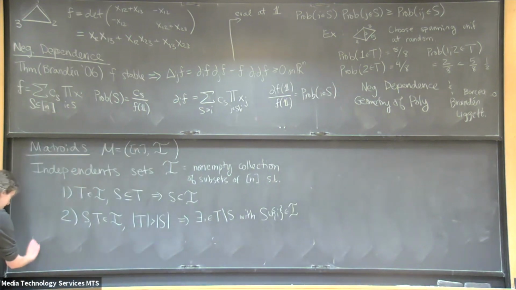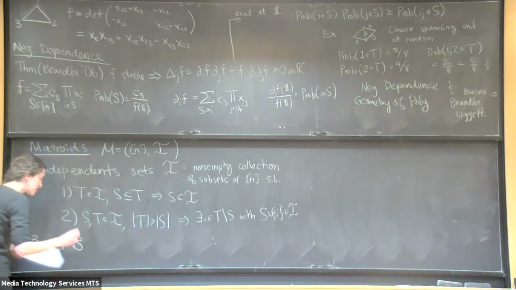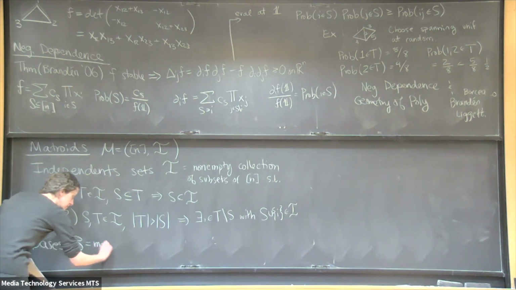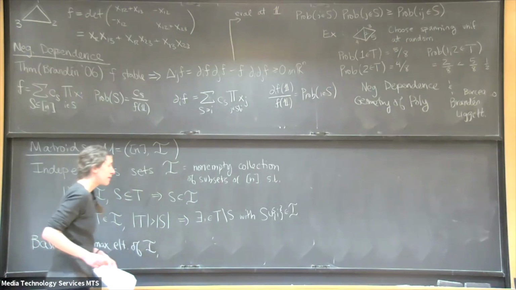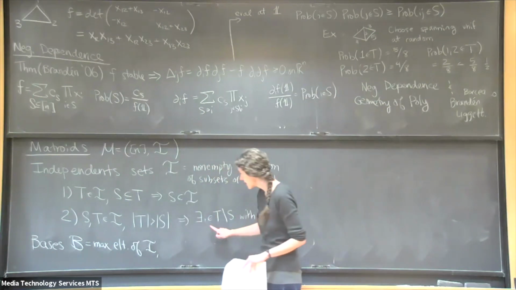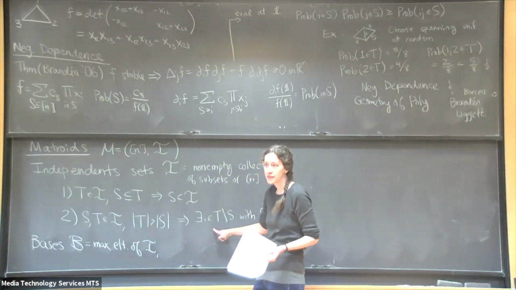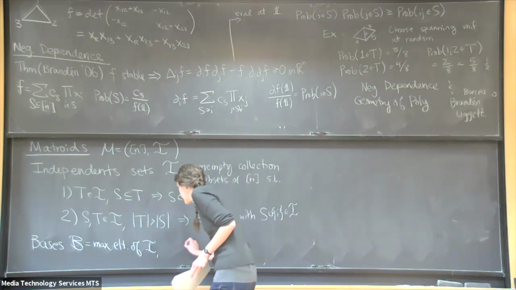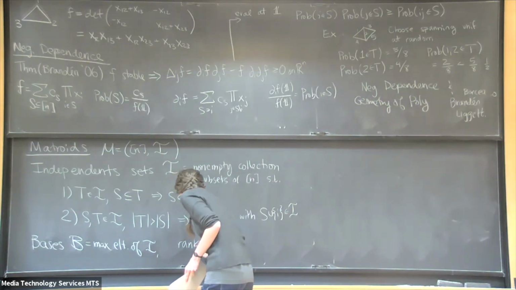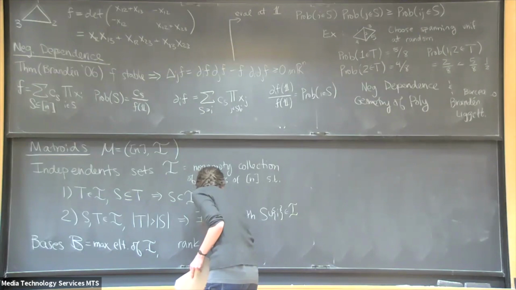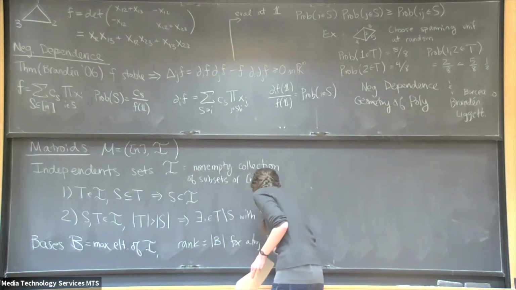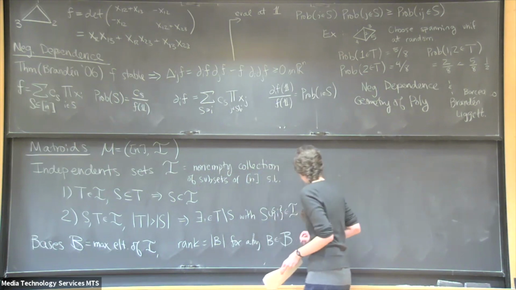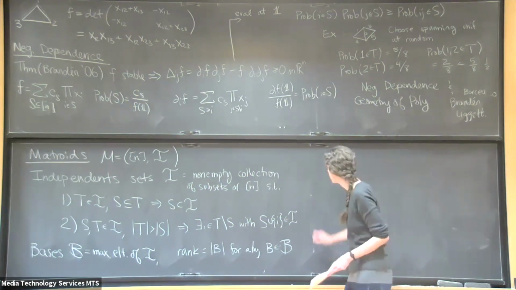I'm going to call the maximal elements of this the bases, maximal with respect to inclusion. And it turns out, by this second property, they're all going to have the same size, and that's going to be called the rank.